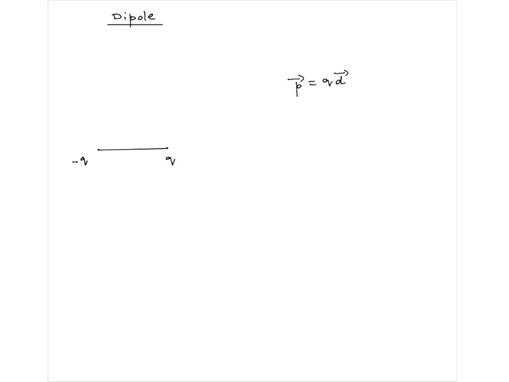Join these two. This is also called the axis of the dipole. That point can be anywhere, but it should be far away. Far away with respect to what? This distance. So normally we would say that D is small. That's the approximation we are making. If D is not small, don't use the result which we are going to obtain.